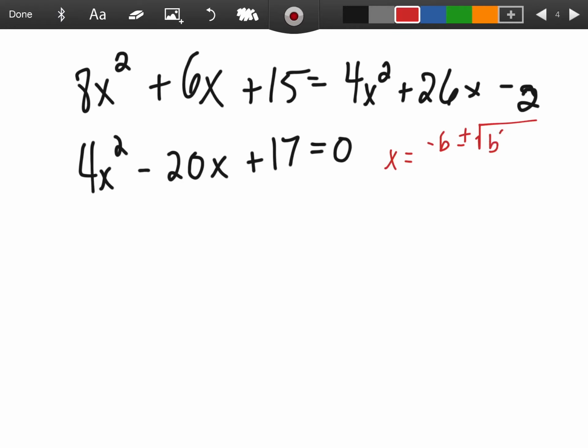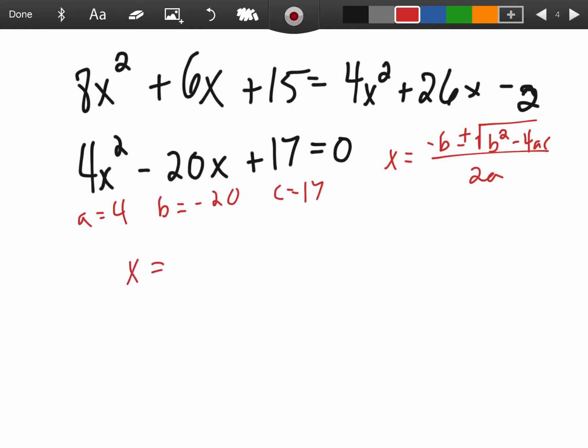Negative b plus or minus the square root of b squared minus 4ac all over 2a. So I'll just plug in. Well, a is equal to 4, b is equal to negative 20, my c is equal to 17.